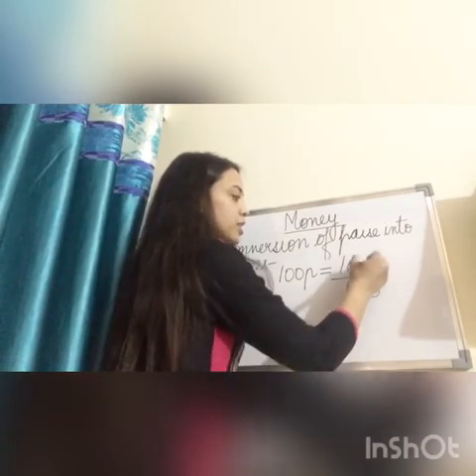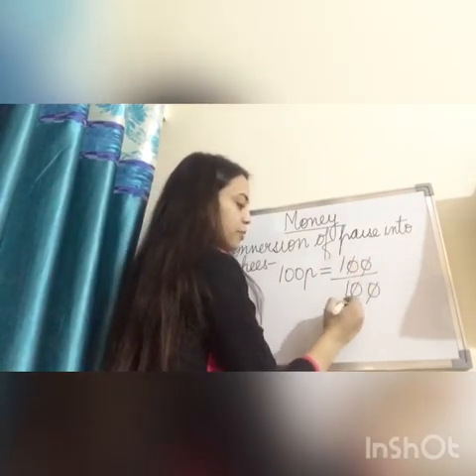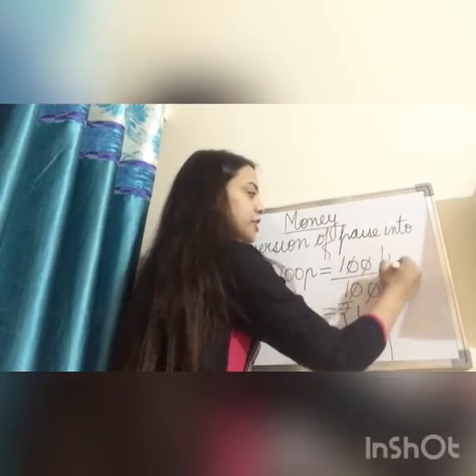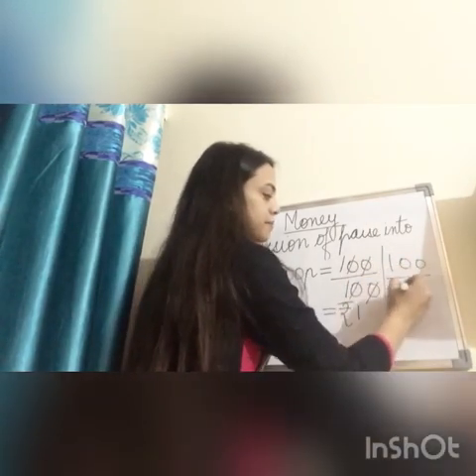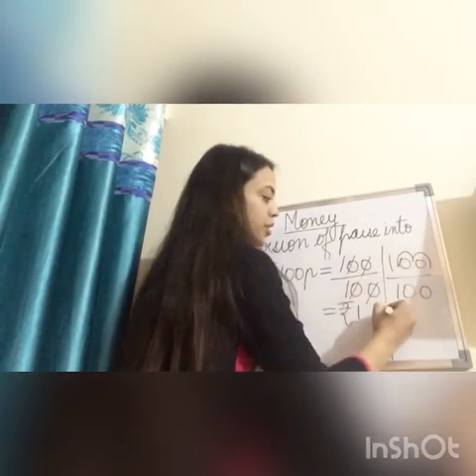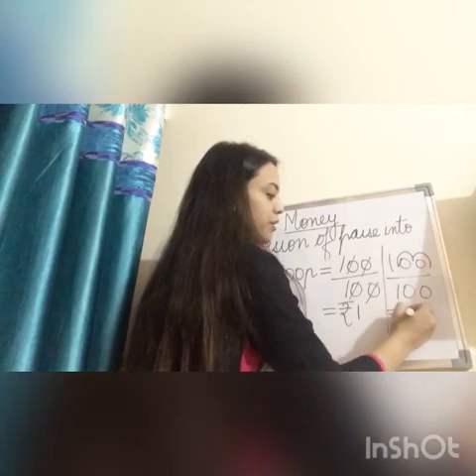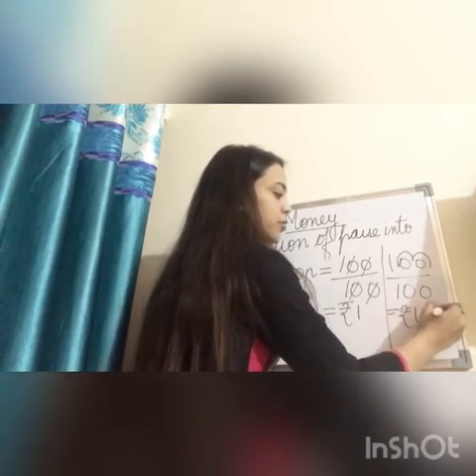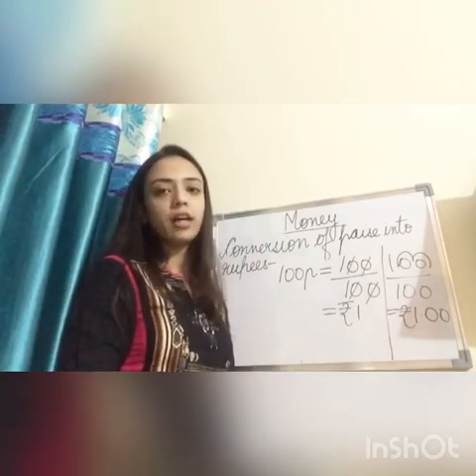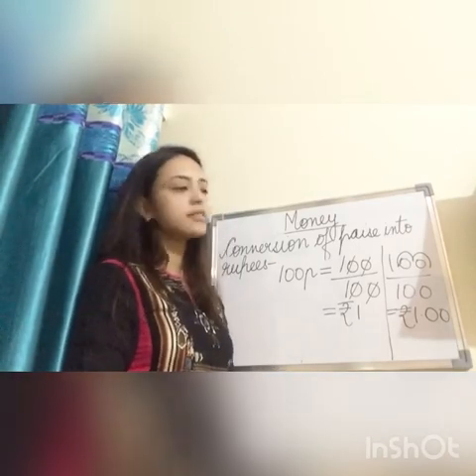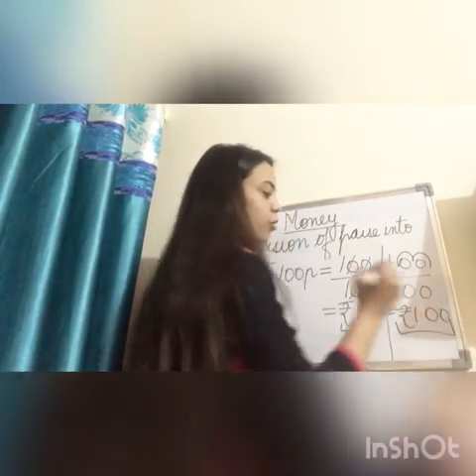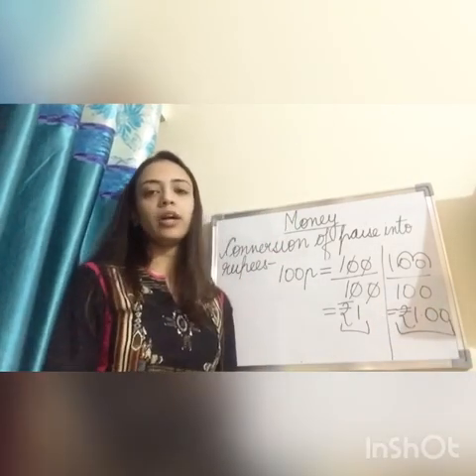Either we cut both the zeros, so the answer will be rupee 1, or if we shift the zeros, 1, 2, it is equal to rupees 1.00. If after the decimal the answer is coming with 2 zeros, then we can write it like this also and in this way also. So I hope you understood the video.